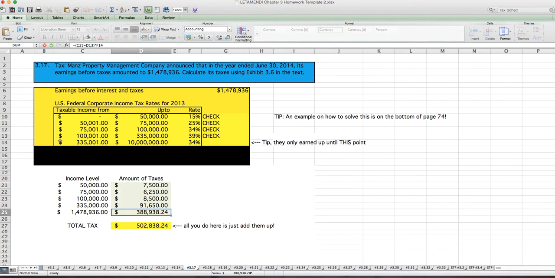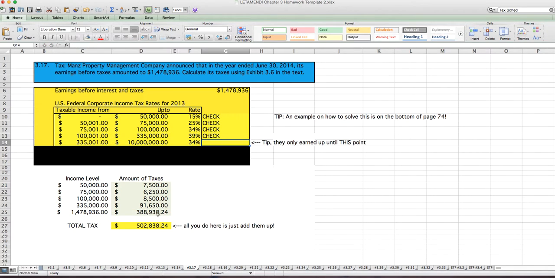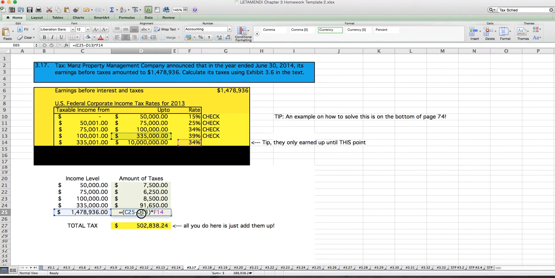So right now we're doing this level right here. So now again we do the total amount made, right? Because now we've understood that this is the tax level that this company is at, minus 335K times the rate, and that gives us 388,938 and 24 cents.